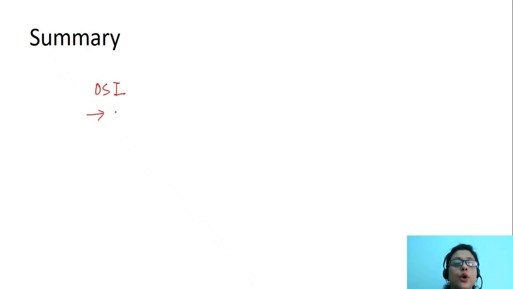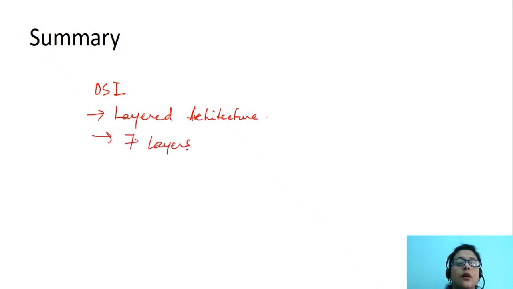Here we understood what is a layered architecture, what are the different 7 layers of the OSI model, and why do we need layering. Thank you.